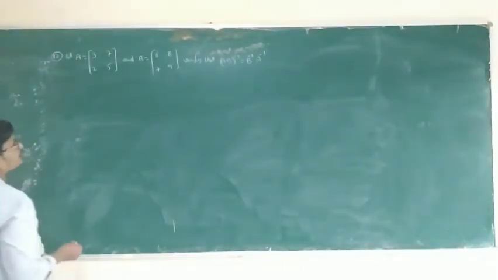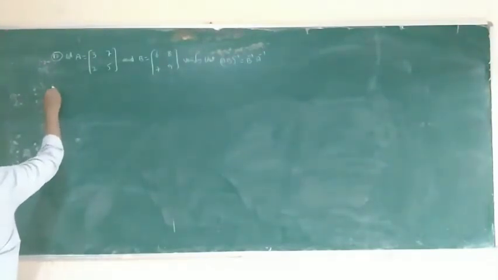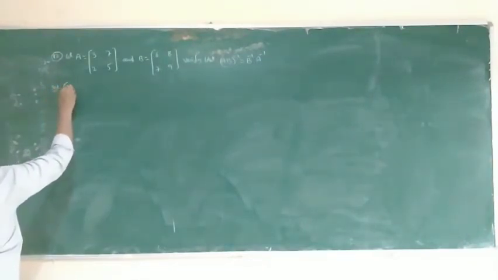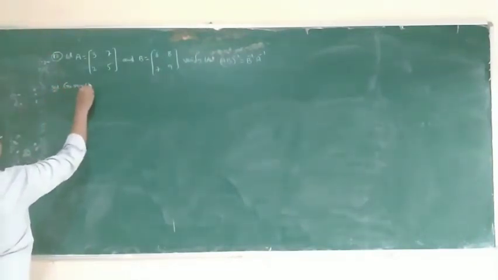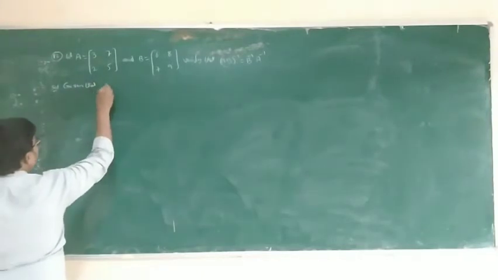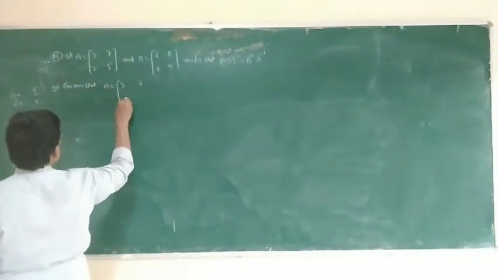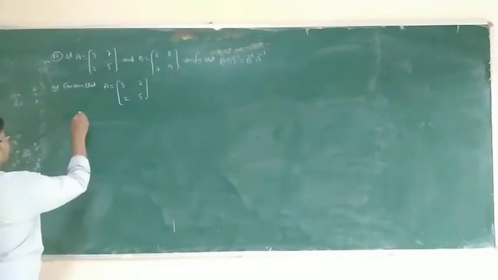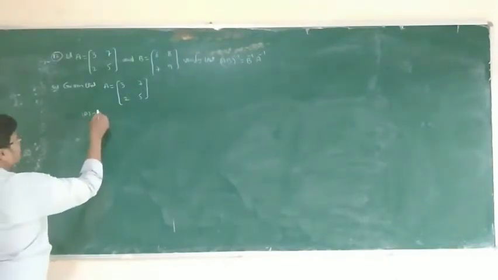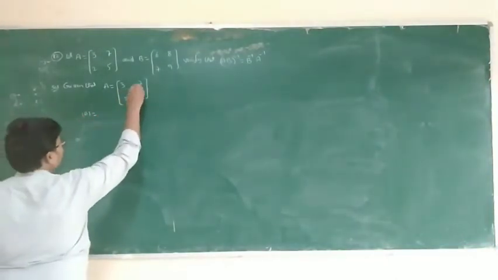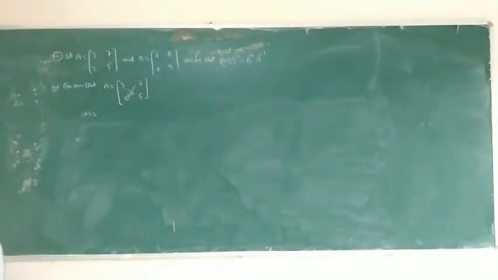So first, RHS. First, solution given: A is equal to 3, 7, 2, 5. Next, det A. How to find det A?